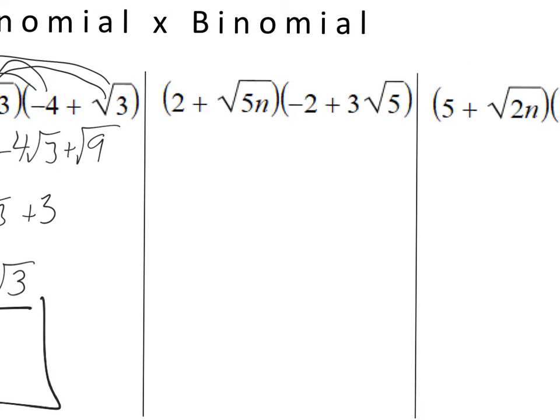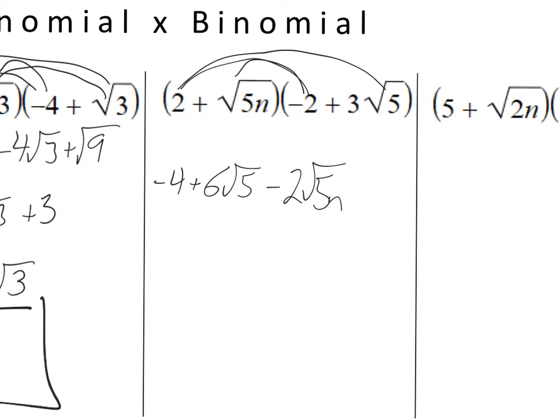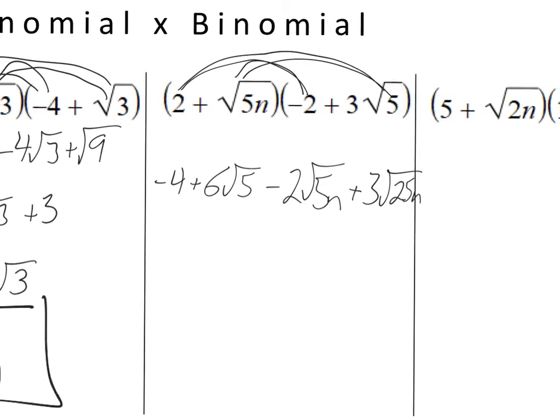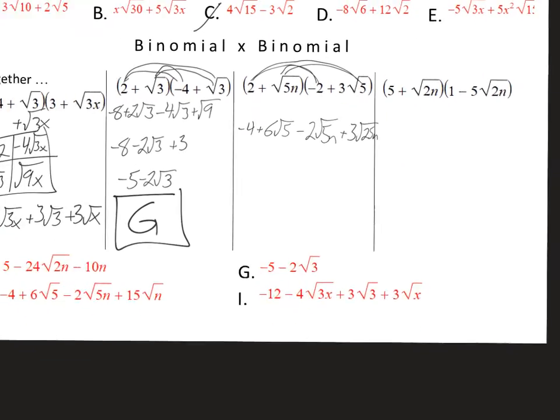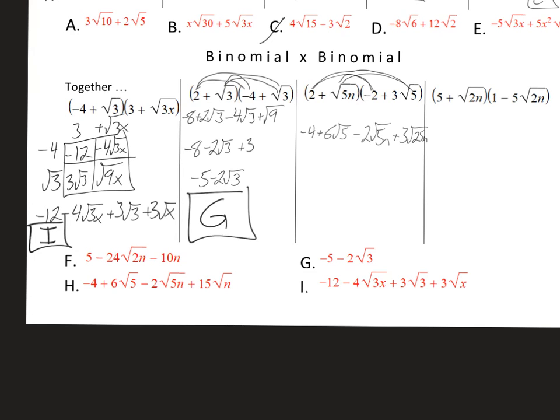Looking at this, 2 times negative 2, that's negative 4. 2 times 3, that's plus 6 radical 5. Minus 2 radical 5n plus 3 radical 5 times 5 is 25n. So can I do anything to simplify this out? No, yes I can.